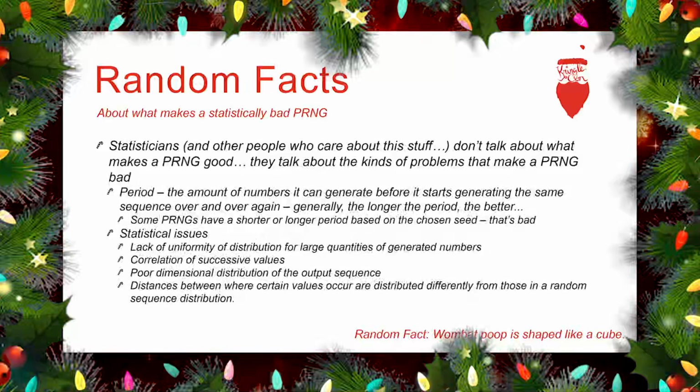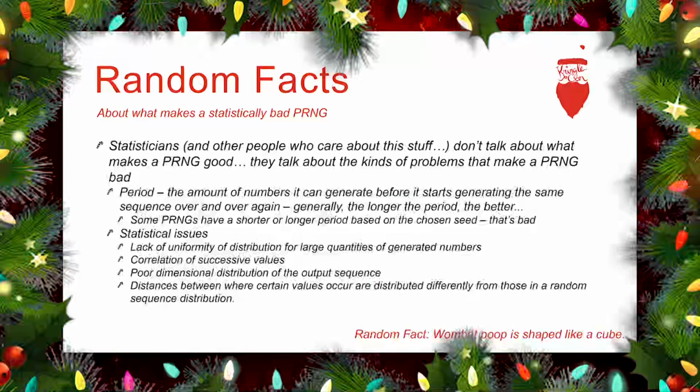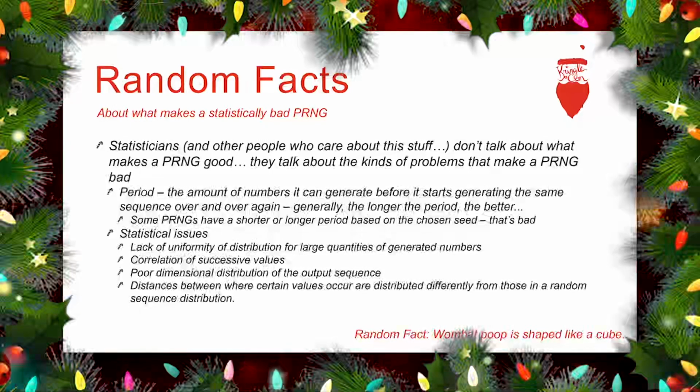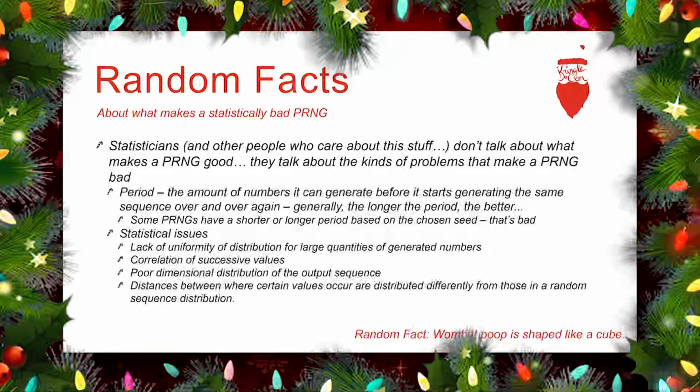Now, there's a ton of other tests that get done when they're looking at the statistical soundness of a pseudo-random number generator algorithm. You want the numbers that are generated to be distributed uniformly. That means that you want big numbers and small numbers all mixed up if you're creating numbers within a range.